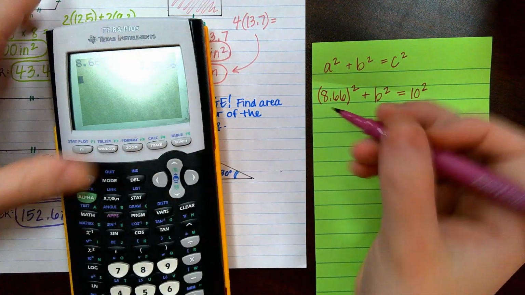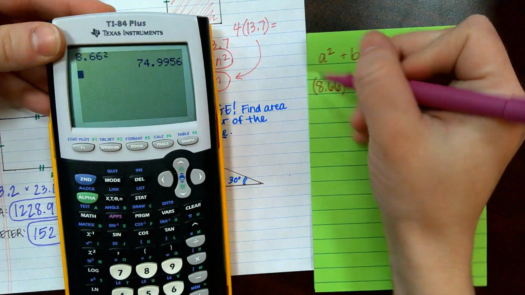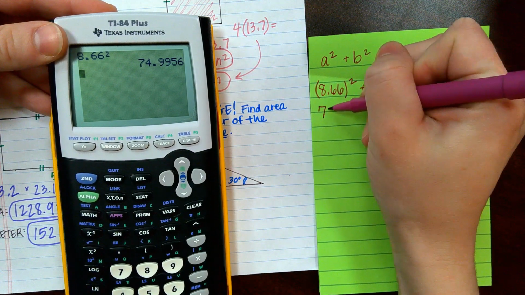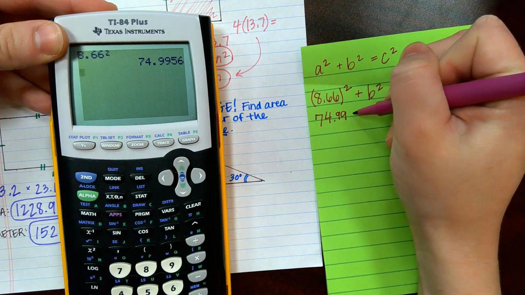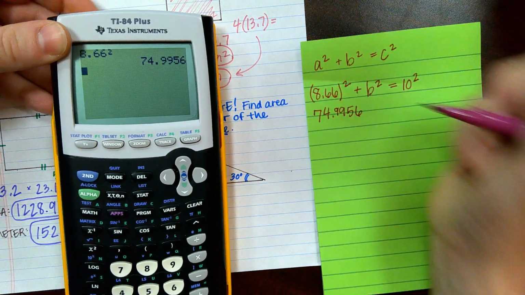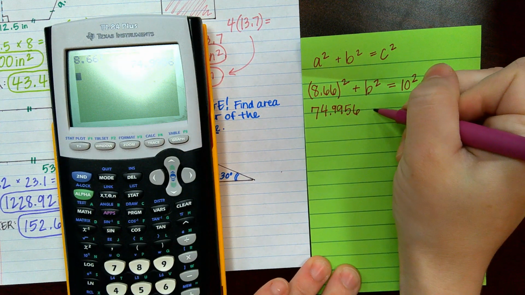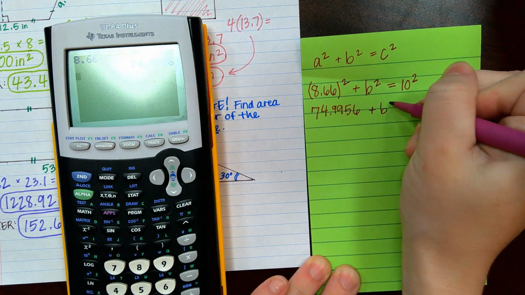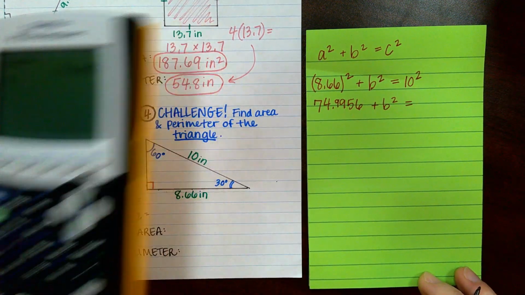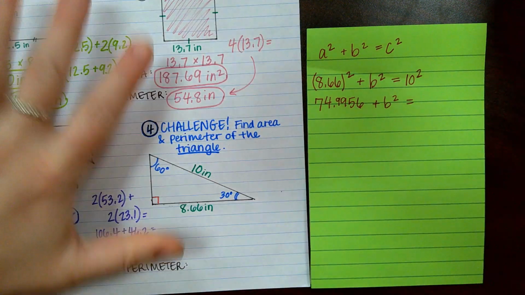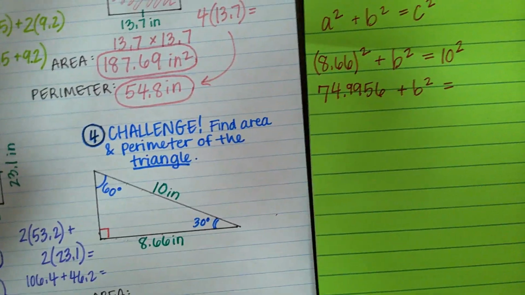So I'm going to write 74.9956. We don't know B yet, so plus B squared equals, and what is 10 squared? 100.